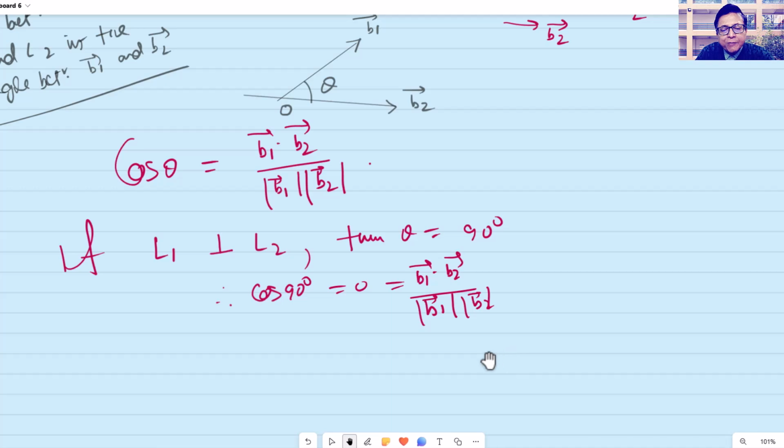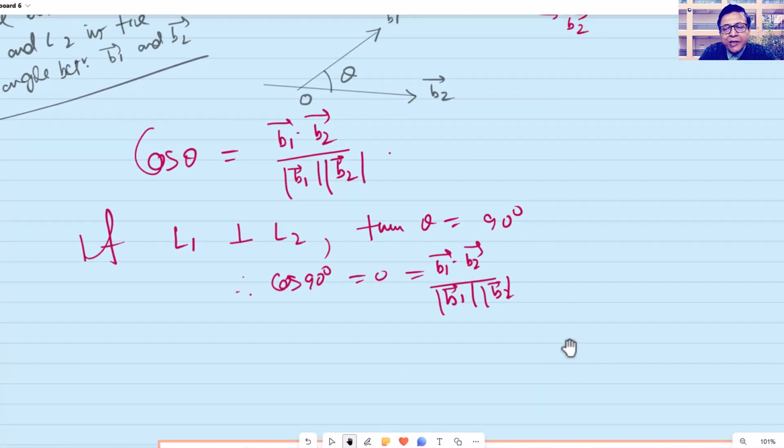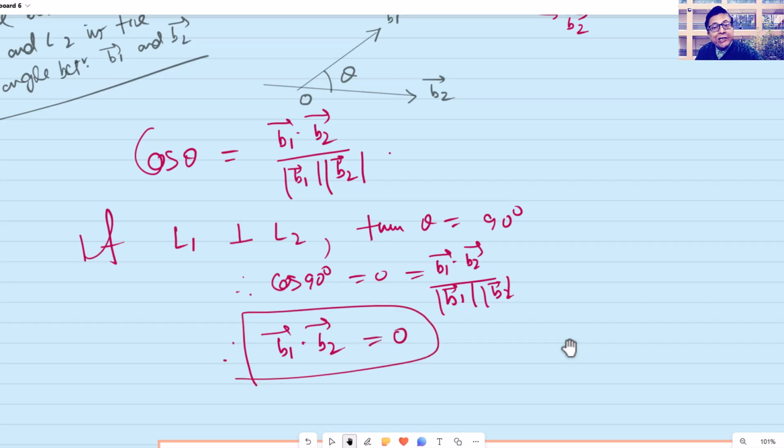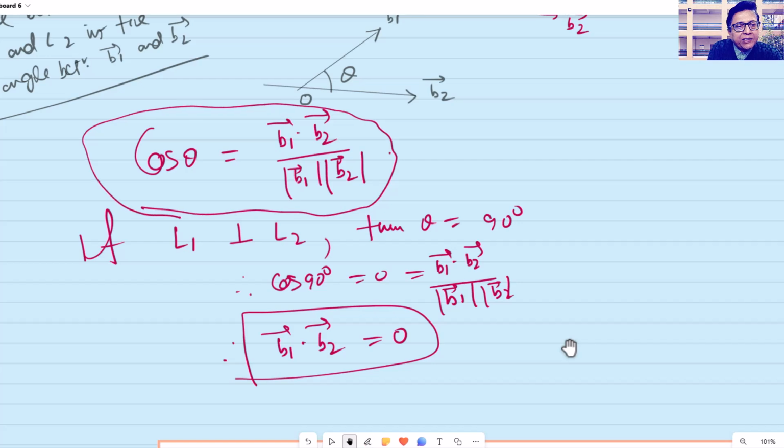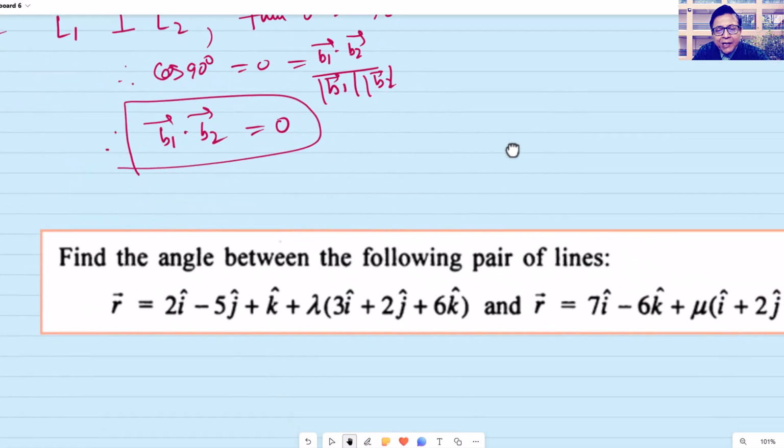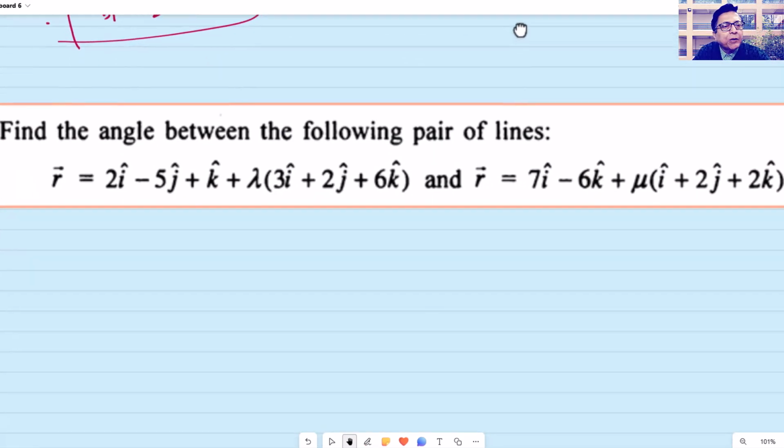So, if you simplify it, this is going to be b1 dot b2 equal to 0. So, if two lines are perpendicular, then angle between b1 and b2 is 90 degree and dot product will vanish. But if it is not, then we will be using the formula for finding theta here. Let us apply it in solving one problem here.